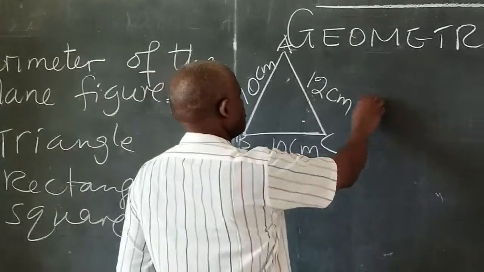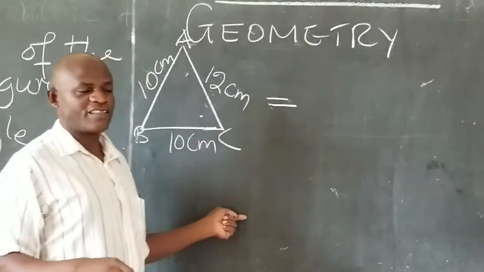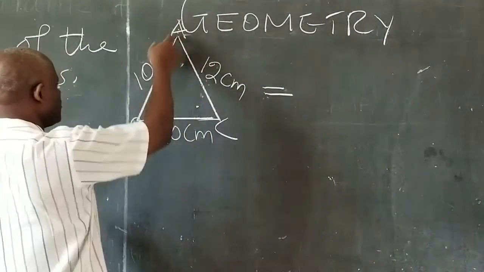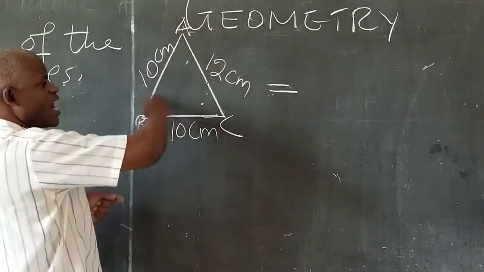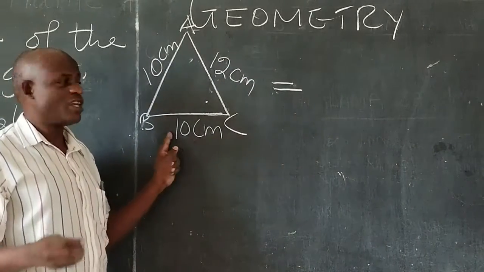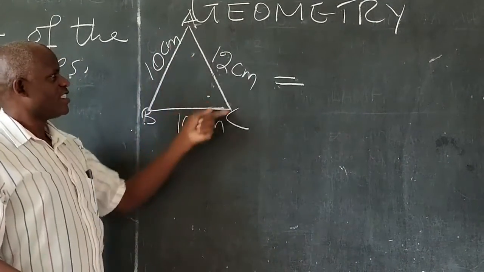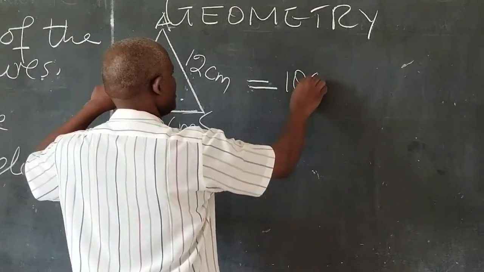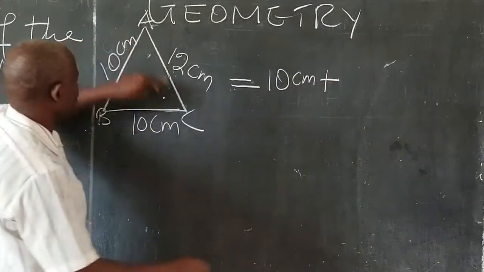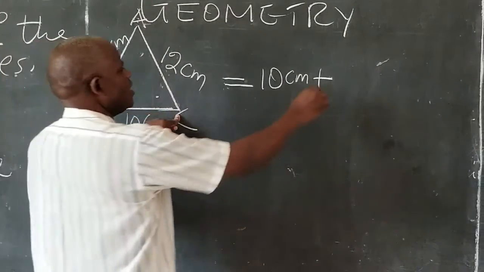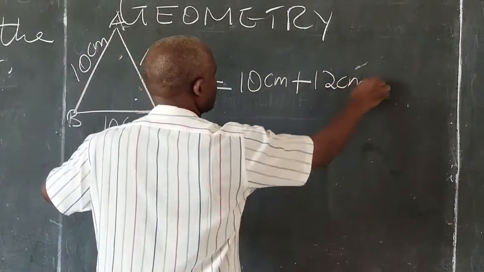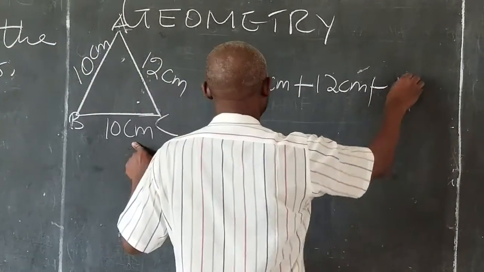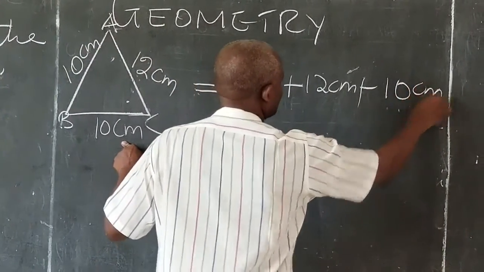Perimeter, as we have mentioned earlier, is the rounding of this figure. When you go around this figure, it means you are collecting the perimeter. Here, one length is 10 centimeters, and this length from A to C is 12 centimeters. Then BC length is 10 centimeters also.